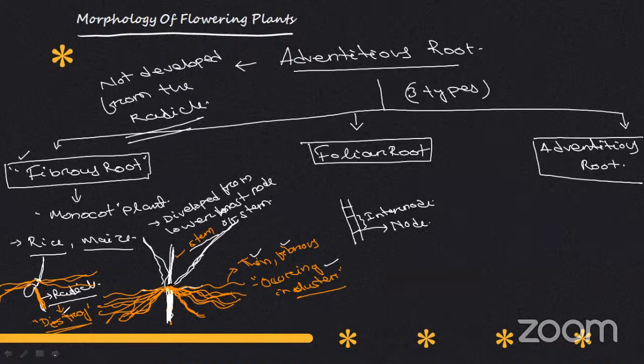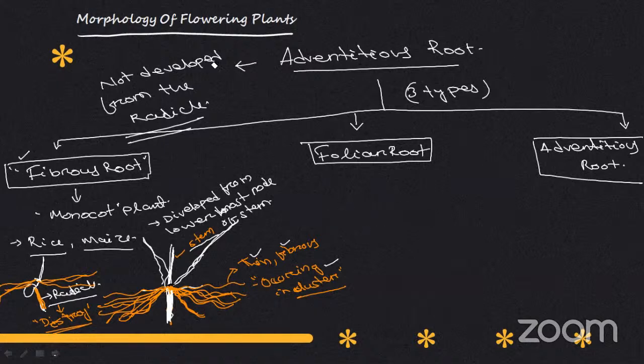That is called your fibrous roots. Fibrous roots are found in monocotyledon plants, for example rice, maize and wheat. Okay, let's see the next category, that is the foliar roots.